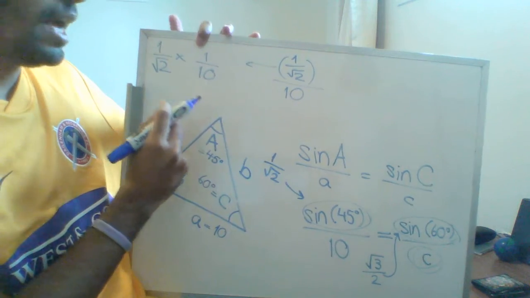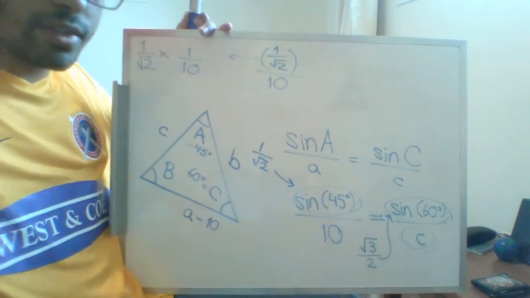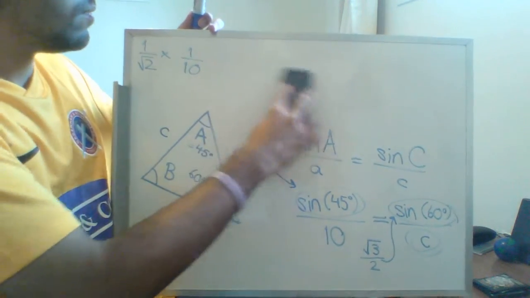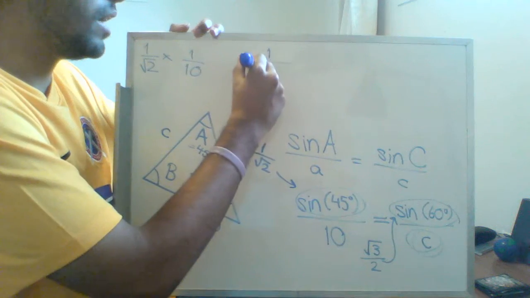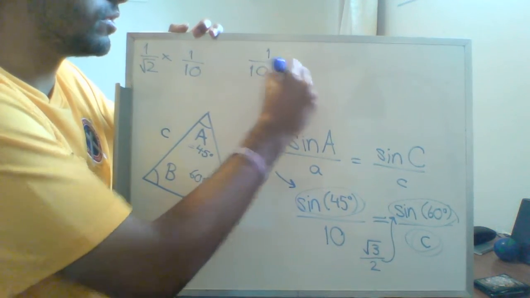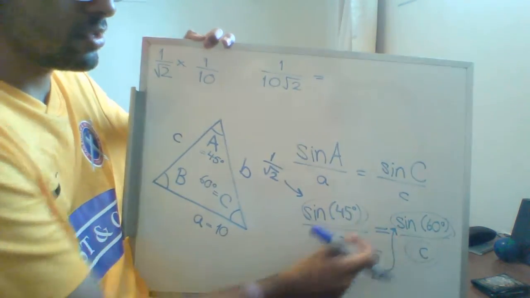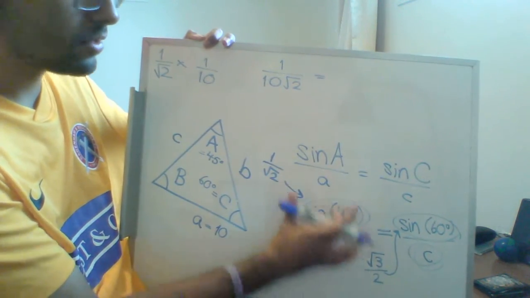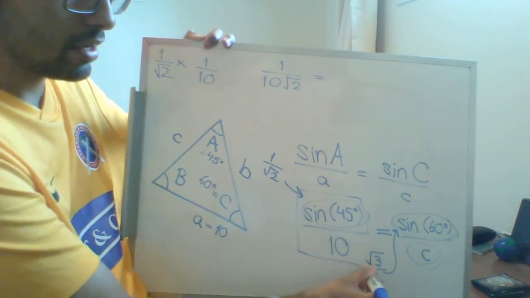And what that lets us do is rewrite this as 1 divided by 10 times the square root of 2. So that's all just this side right here, 1 over 10 root 2.